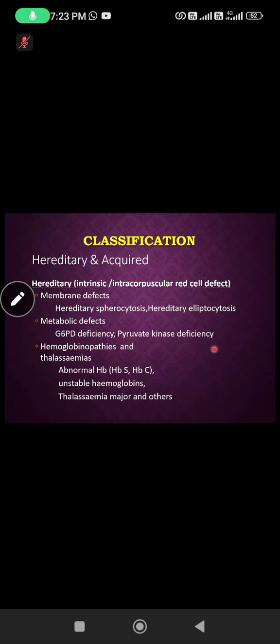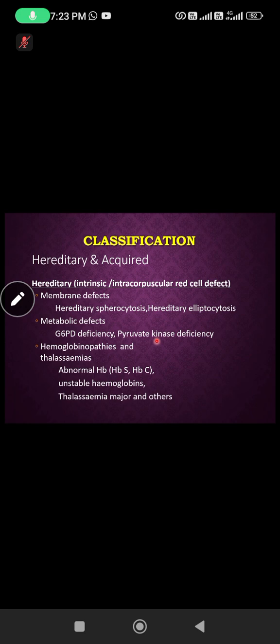Similarly, pyruvate kinase, an enzyme in glycolysis. When there's a lack of pyruvate kinase, there's a reduction in the production of ATP. ATP is the energy source required for the proper function of the sodium potassium pump. So when you have a low amount of ATP or no ATP at all, the sodium potassium pump is unable to operate, causing the leakage of potassium out of the red blood cell.